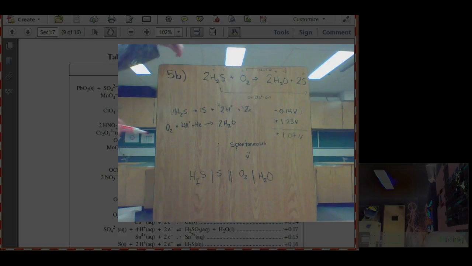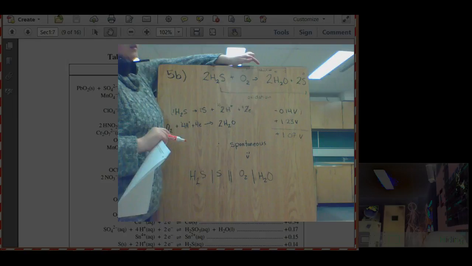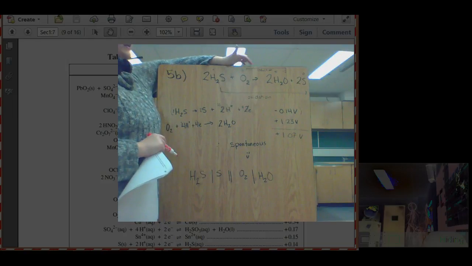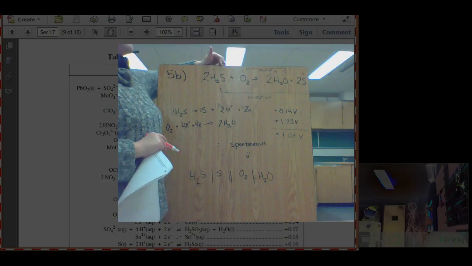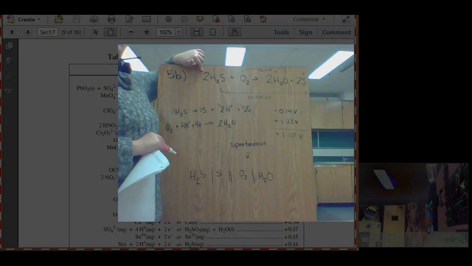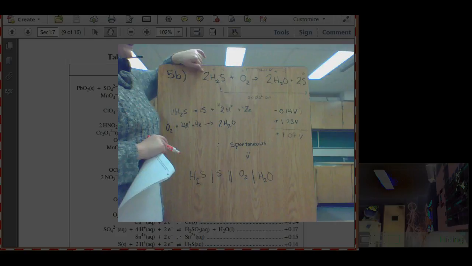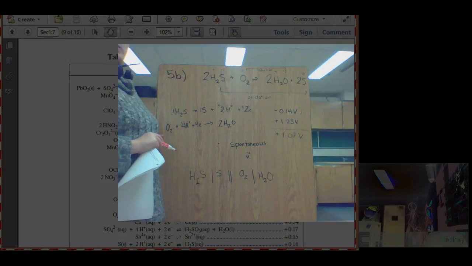So I have the H2S, oxygen gives me water plus sulfur. I assigned everything an oxidation number. Then I showed a change in the oxidation number and identified the process. Then it was a matter of finding these equations.